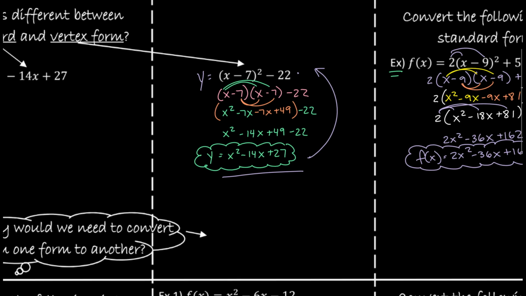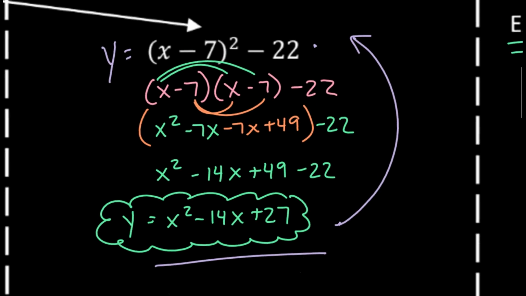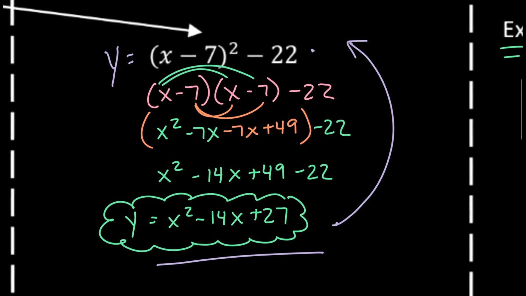So I start here at standard. What happened in the step right above it? What did we do to get from the last step to the second to last step? Yes, this 27 is split into two numbers. Then what happened to go from the second to last step to the third to last step? We split the 14x into 7 and 7.